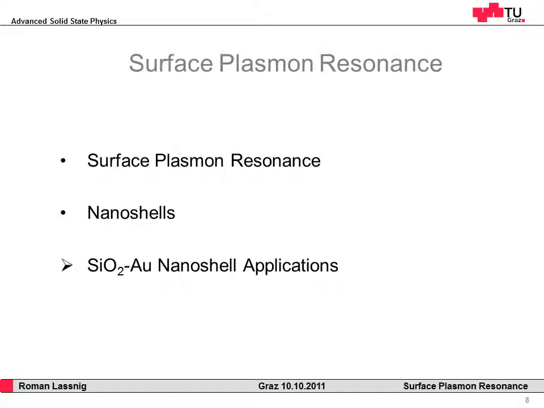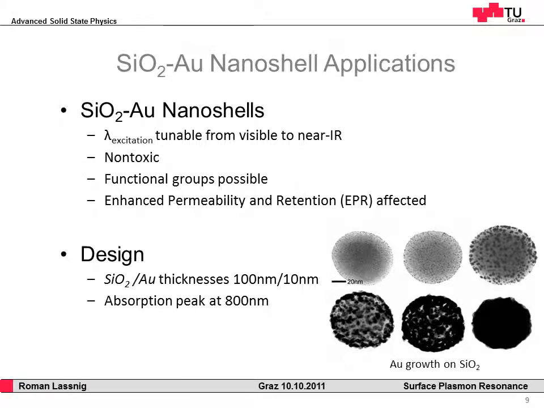Okay, so now to go into more detail, we're going to talk about silicon dioxide gold nanoshells. Why are those important? Gold is a very well-known material, of course. It has the property that the excitation wavelength is easily tunable from visible to near infrared, and infrared is really where the medical applications shine, because you need the skin penetration. Then gold is non-toxic for the body.